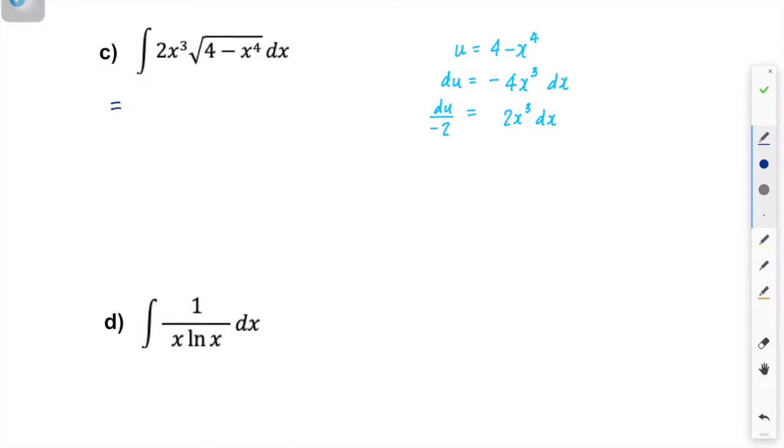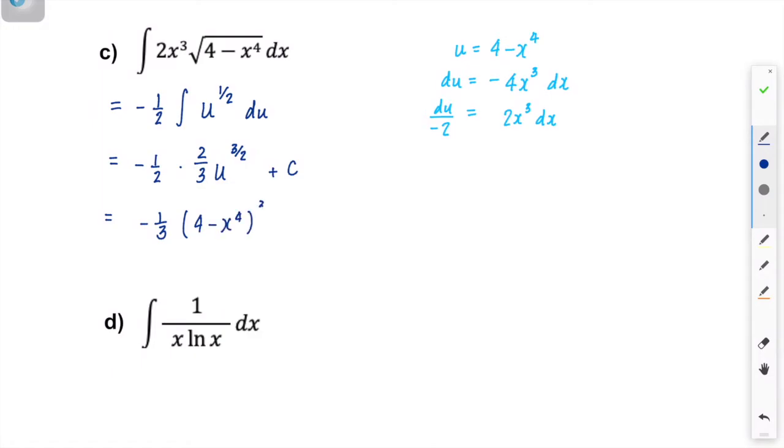Now I can say that I have negative 1/2 integral of u to the power of 1/2, because that's the square root, du. Working further, I have u to the power of 3/2 times 2/3 plus c. Simplifying the coefficients and also substituting back 4 minus x to the power of 4 as u, I get my final answer.